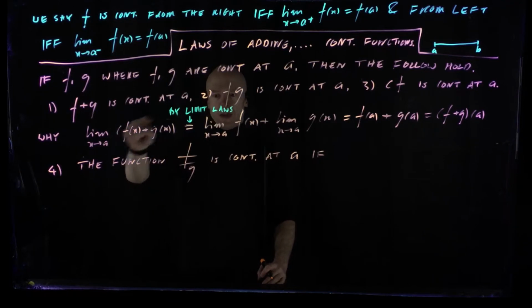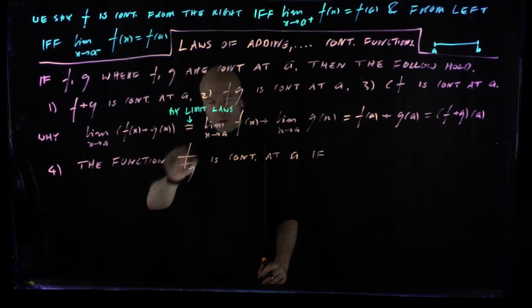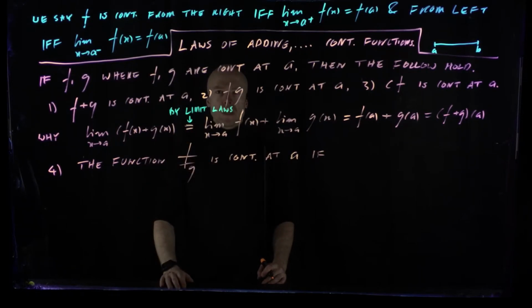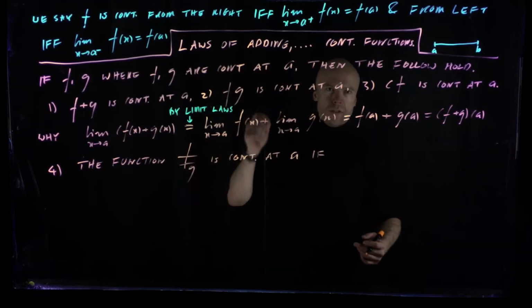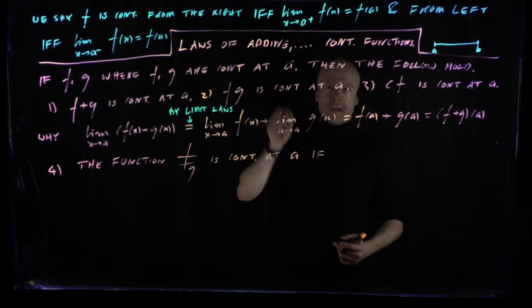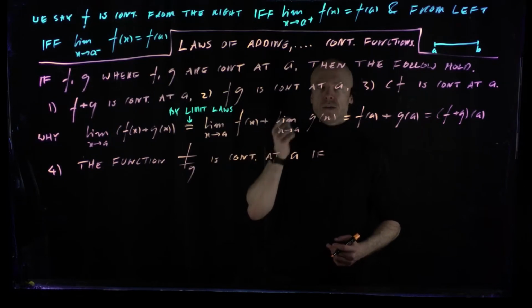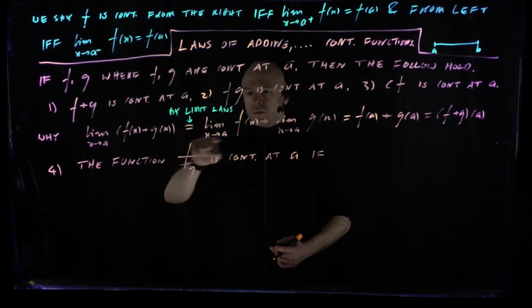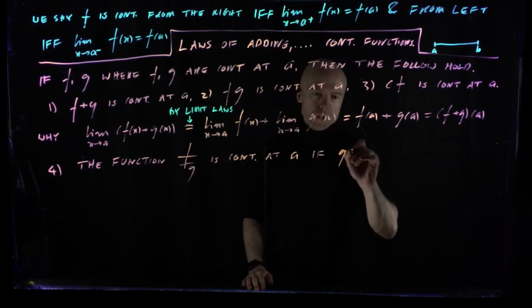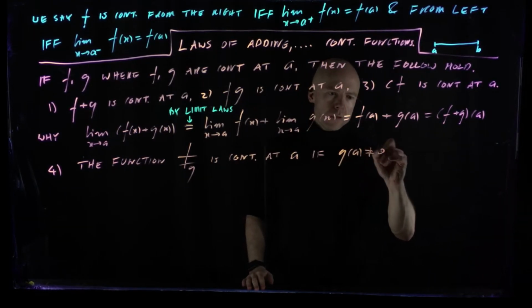We'd like to apply the limit laws for the quotient, but we know it's only true if the limit of the bottom is non-zero. Now the bottom is the limit of g, and g is continuous, so the limit as x approaches a of g is actually g of a, right? So we need that thing to be non-zero. So this will be continuous at a if g of a is not equal to 0.